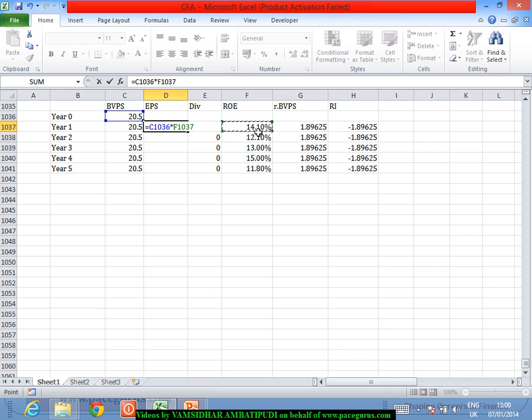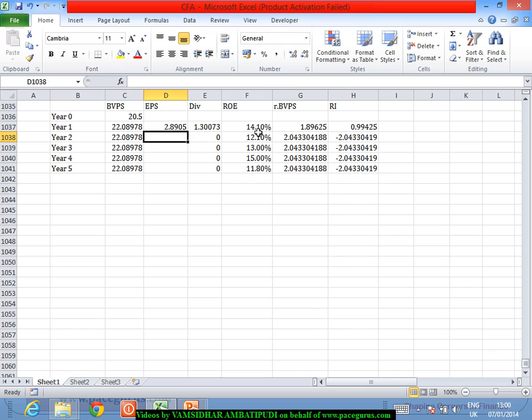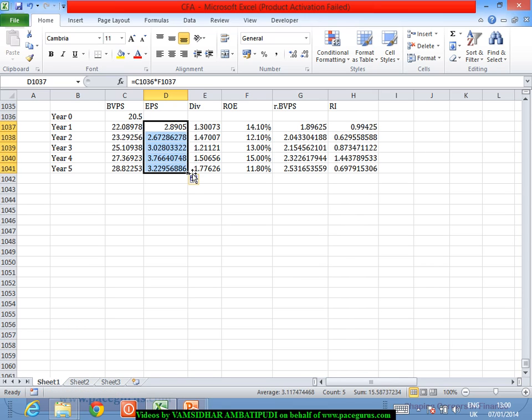That is what is coming out as the EPS for the first year. The same way when I am continuing it, all I would be getting is these are the EPSs over each of the years, which is resulting in the residual incomes of these kind of numbers.